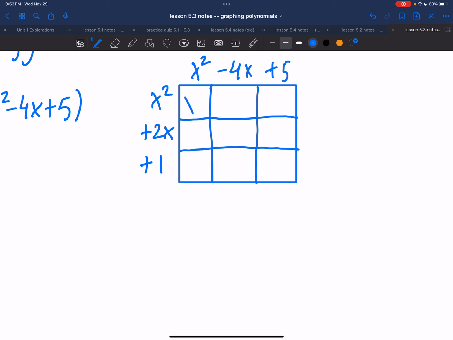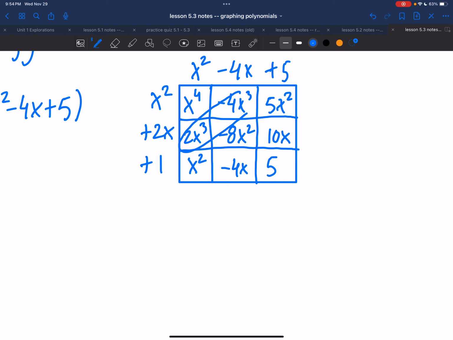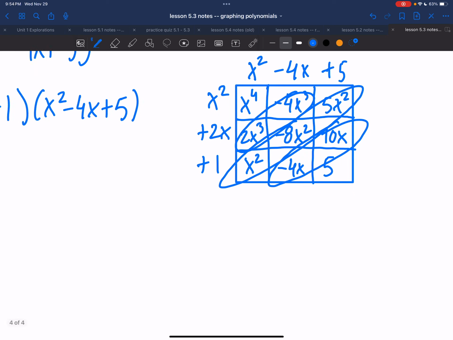x squared times x squared is x to the 4th. Then this is -4x cubed, 5x squared. This is 2x cubed, -8x squared, 10x, x squared, -4x, 5. So these will combine, and these will combine, and these will combine, right?